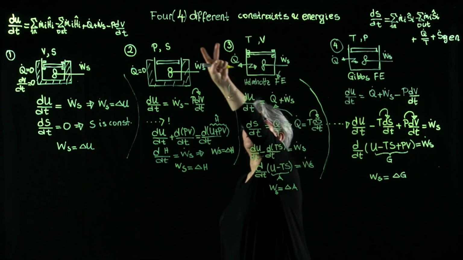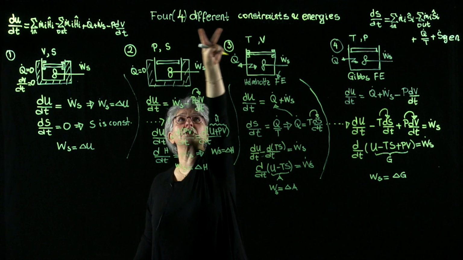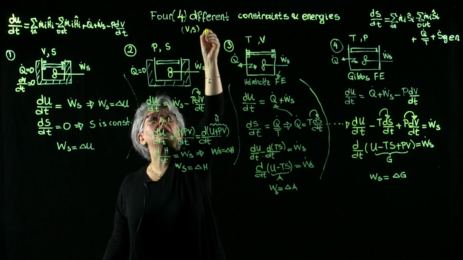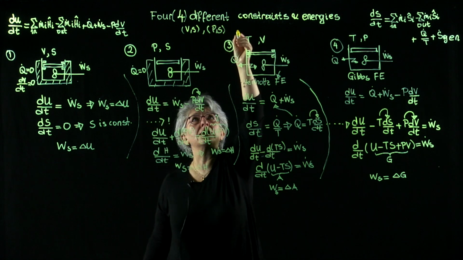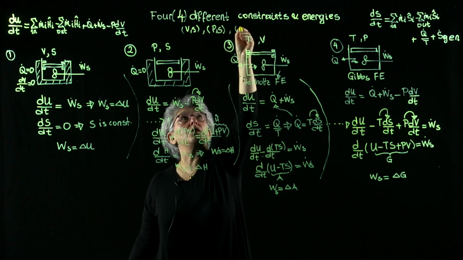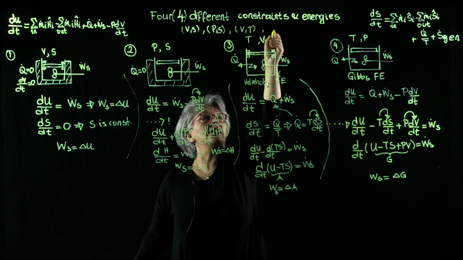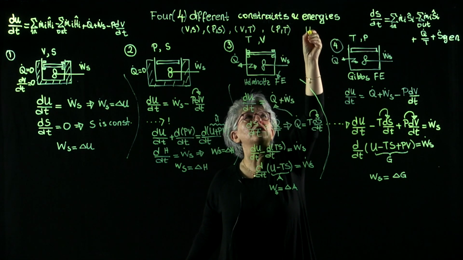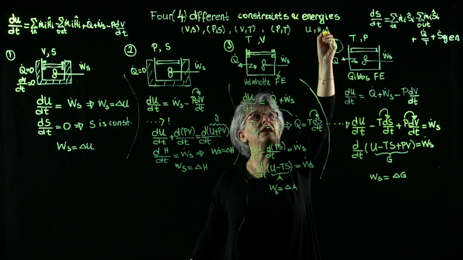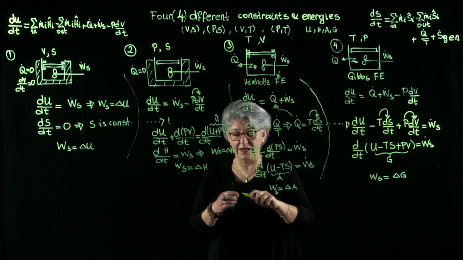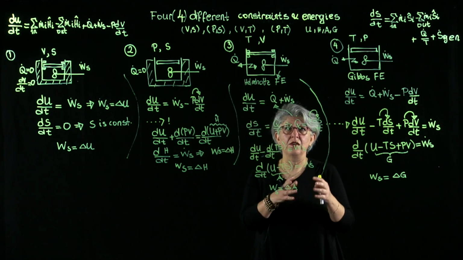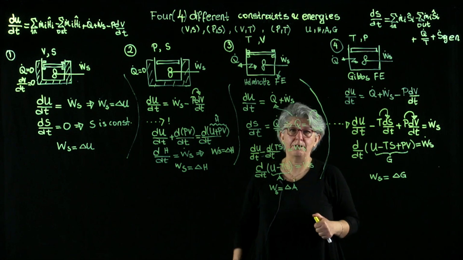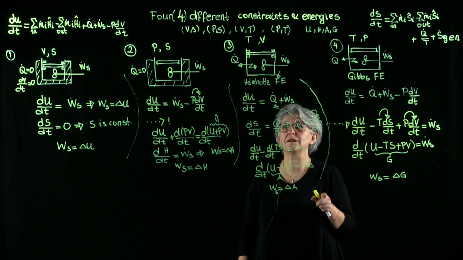Now those 4 different constraints correspond to volume and entropy, pressure and entropy, temperature and volume, or volume and temperature, and pressure and temperature lead to U, H, A, and G as the defining energies for our systems if we are doing a shaft work for exchange of energy with the environment.